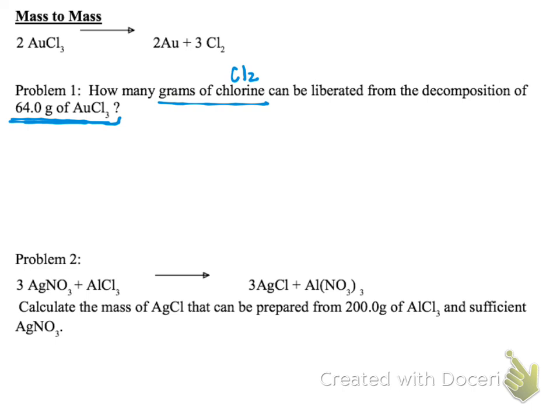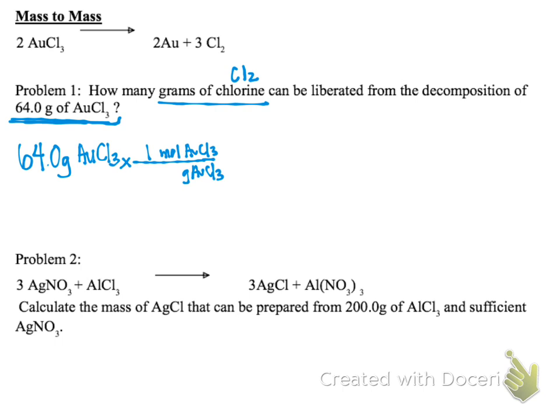So you start by writing what you're given, 64.0 grams AuCl3. Match your units diagonal. So we need grams AuCl3 per 1 mole AuCl3, because we're converting it to moles first.